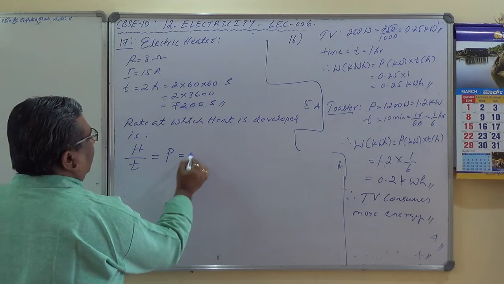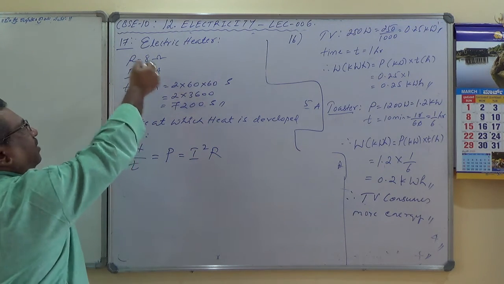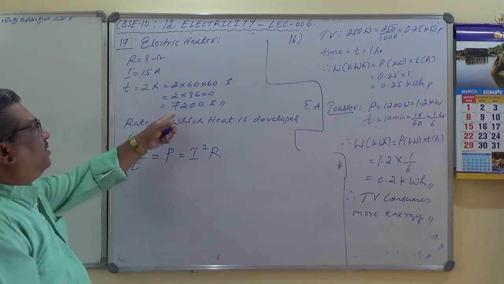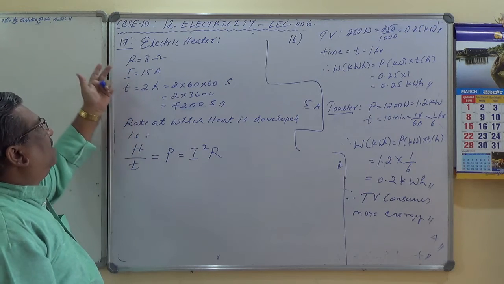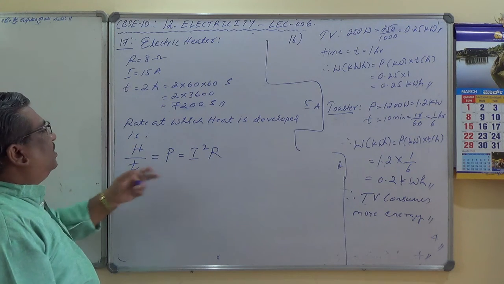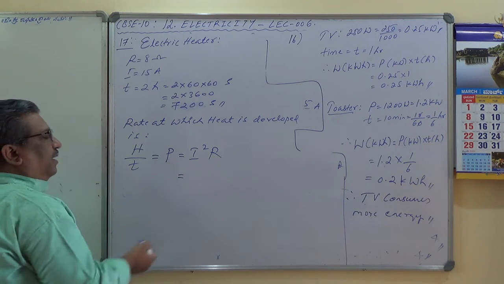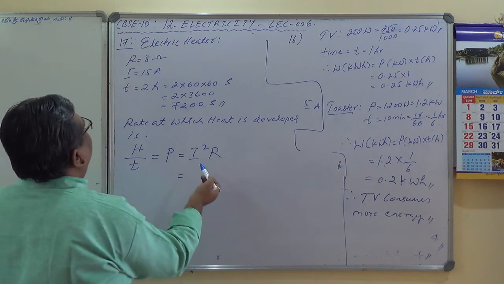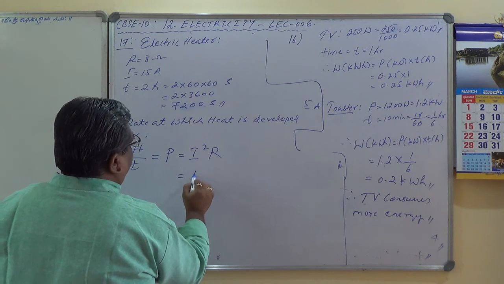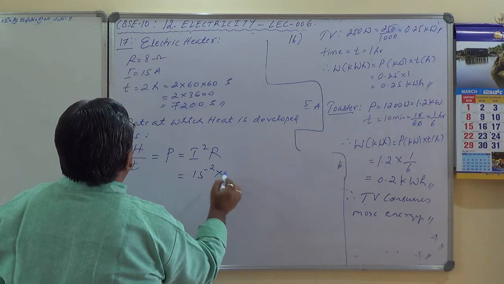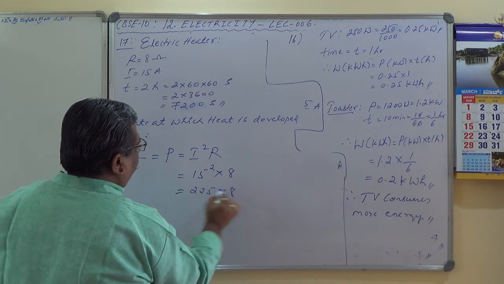Power equals I square R. You know I, you know R. What is the consequence of T? There is no question at all. You can directly calculate I square R, which is the power. Let us check it. H by T is nothing but the rate at which heat is developed. P is equal to I square into R. I square is how much? I is 15 square into 8, which is 225 into 8.